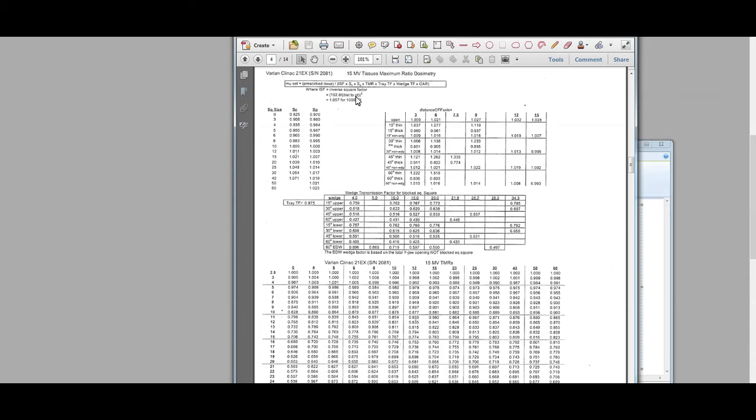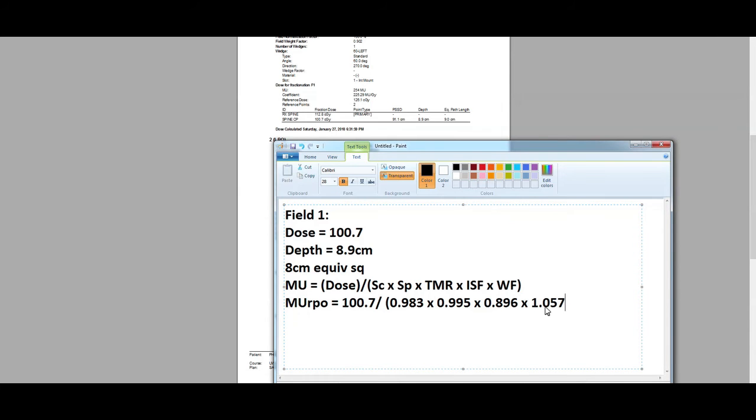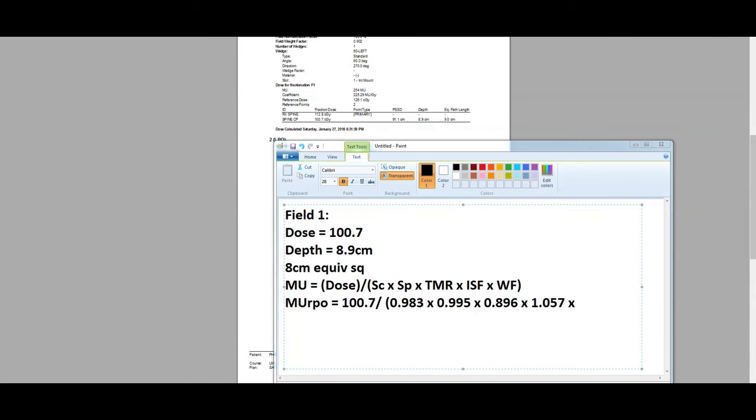My distance to my point is 100. I square that and I get 1.057. And a wedge factor, I have a 60-degree wedge. 60-degree wedge, 10 by 10, 0.431.